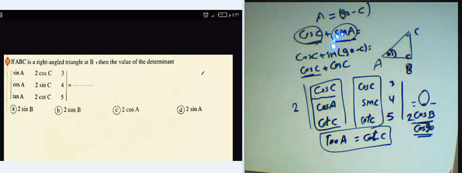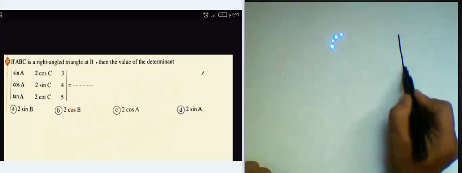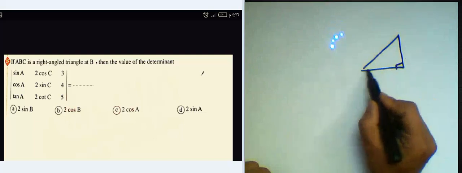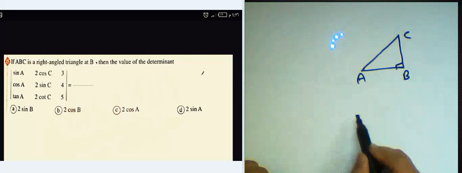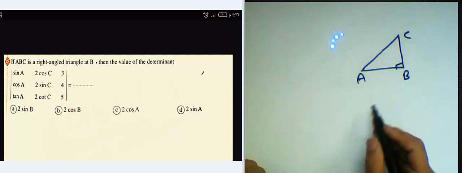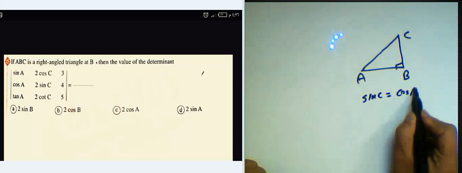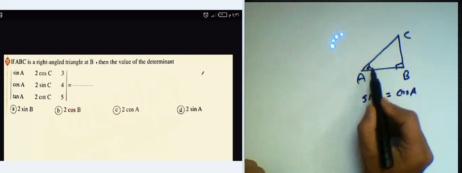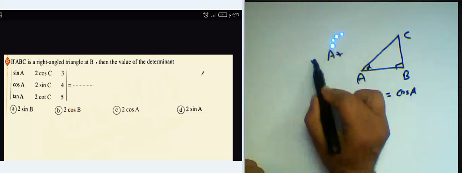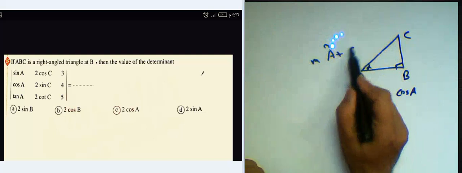Okay, I will explain this example again. Look at here. We have a right angle triangle at B. It's angle 90 degrees. We know sine C equals cosine A. Understood? Why? Because the measure of angle A plus the measure of angle C equals 90.